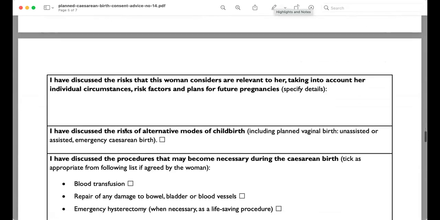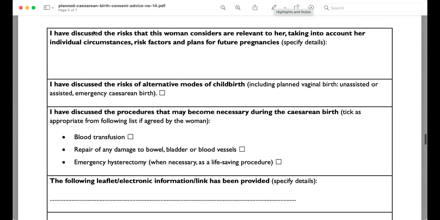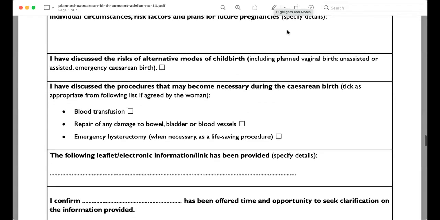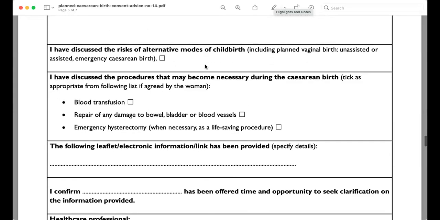Okay, so here, the rest of the form: I have discussed the risks that this woman considers relevant to her, taking into account individual circumstances, risk factors, and plans for future pregnancy, and specify details. I have discussed the risks of alternative modes of childbirth, because for any procedure we have to mention the alternative.